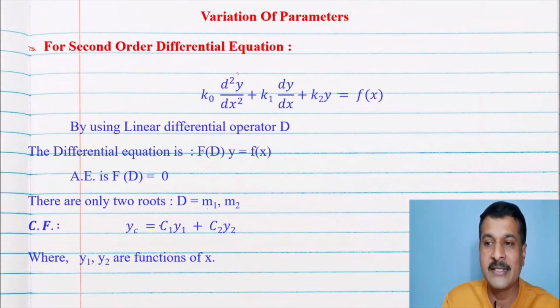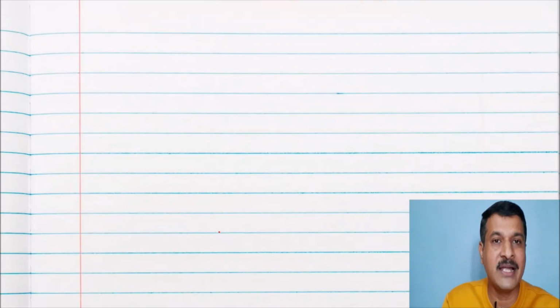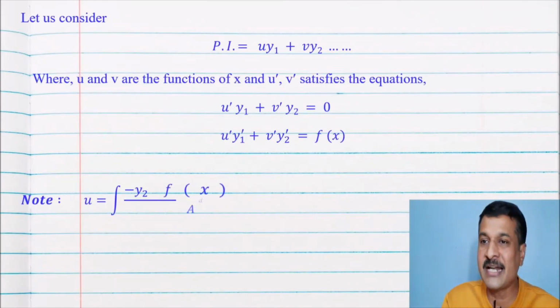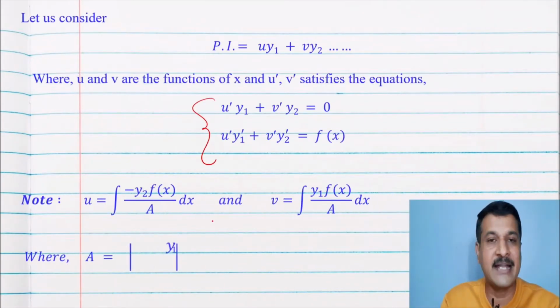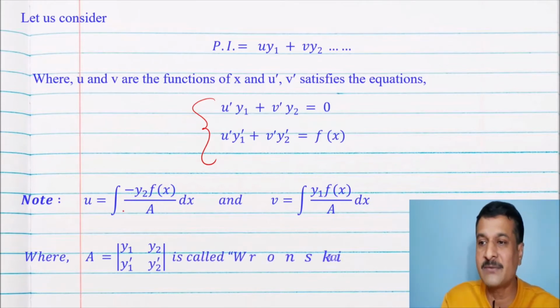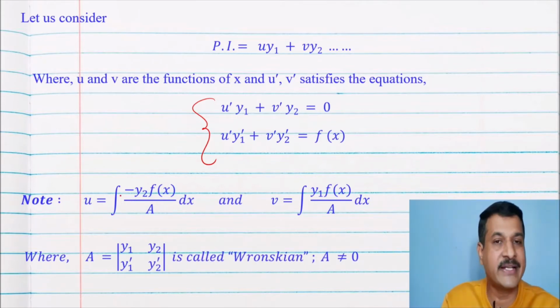So in a very simple way you can find the PI if we have the CF. Here the constants C1 and C2 are replaced by u and v, where u and v are functions of x which satisfy these two equations, and you directly remember the formulas for u and v. u equal to integration of minus y2 f of x upon A dx, and v equal to integration of y1 into f of x upon A dx, where A is nothing but the Wronskian.